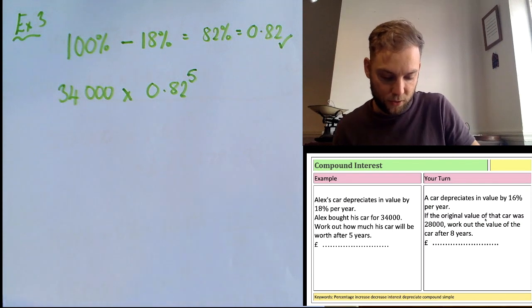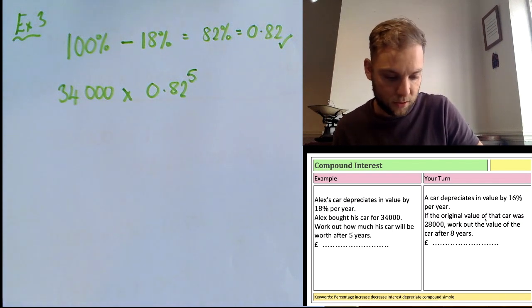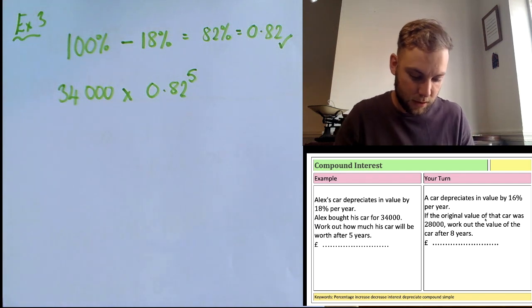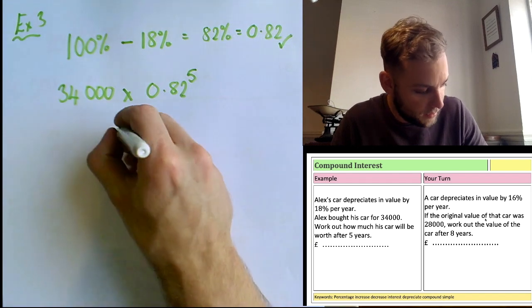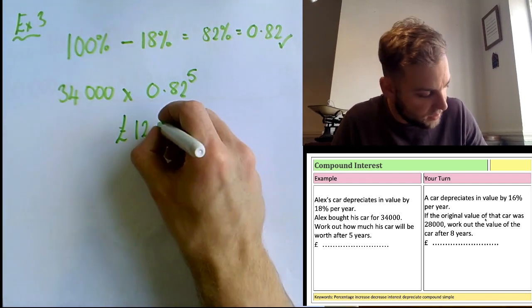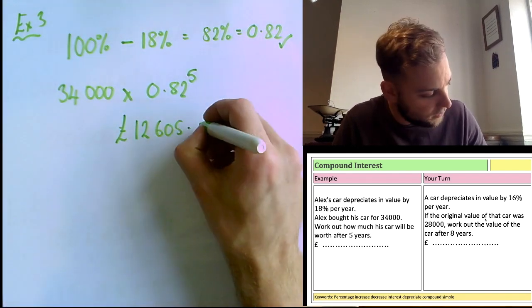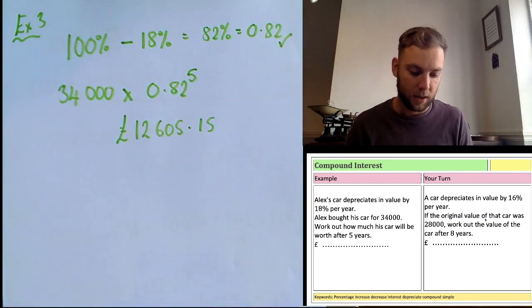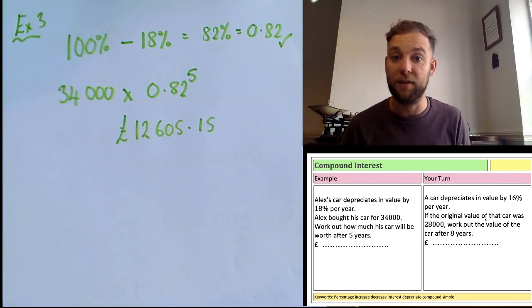Okay, so 34,000 times by 0.82 to the power of 5 is equal to, this time it's 12,605.15. Super. Now I've actually rounded that. Remember to round it if it's money.